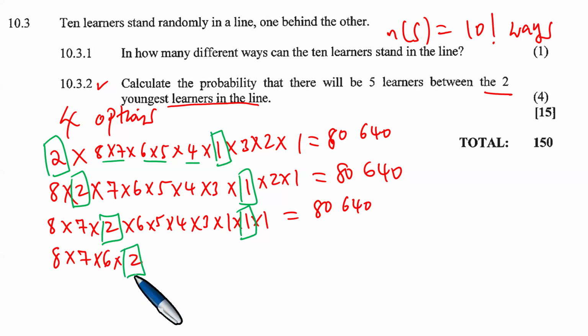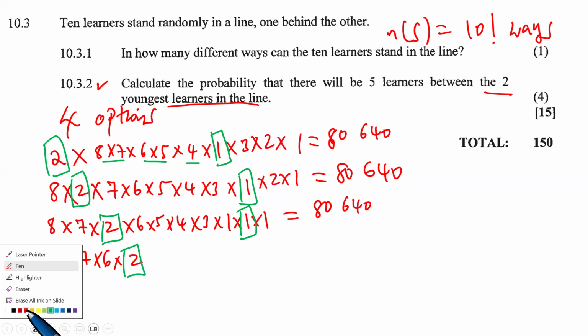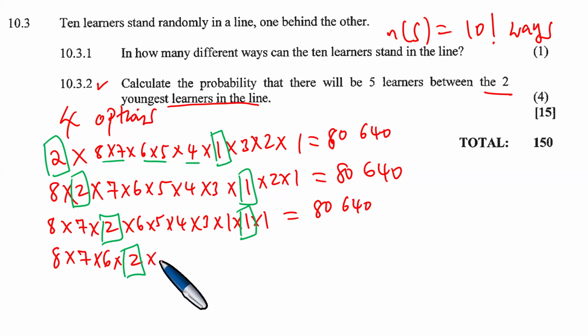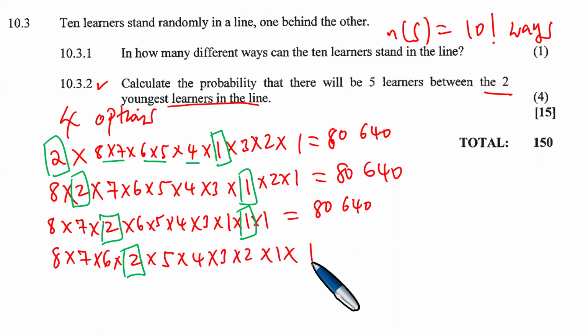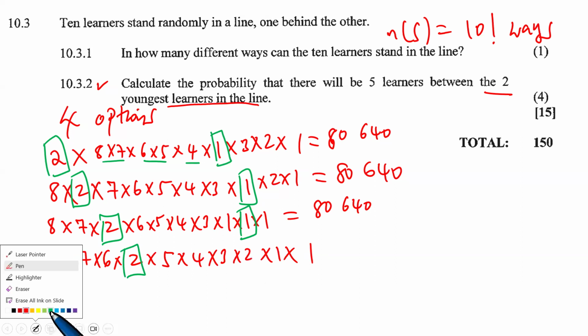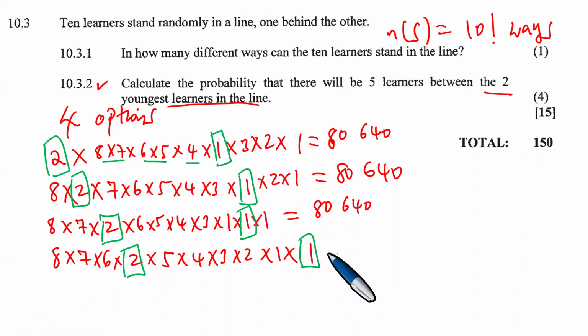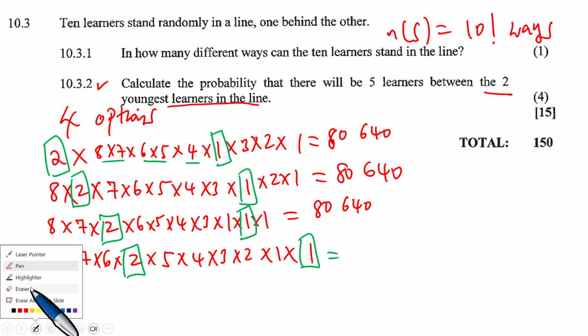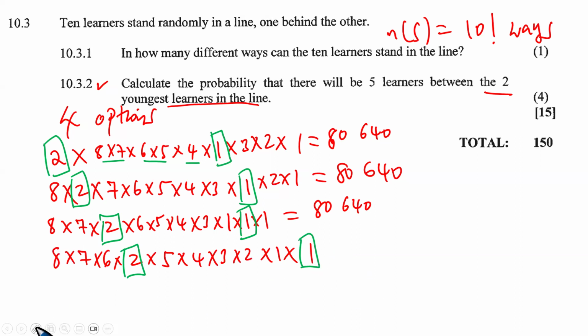Right after you have put learner 2, you're going to put learner 5, learner 4, learner 3, learner 2, learner 1. So this is therefore equal to 8640.